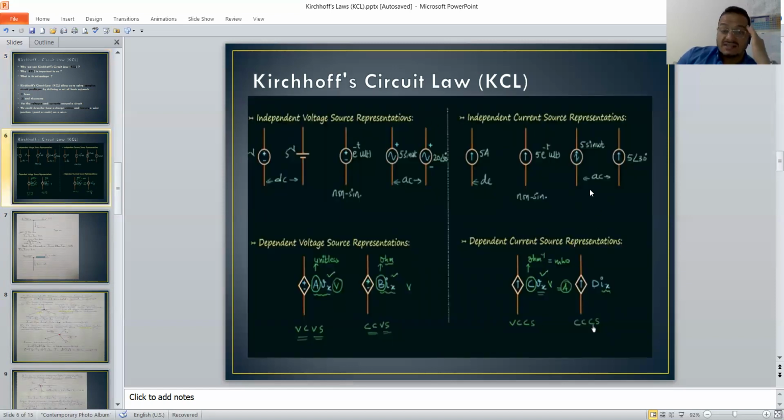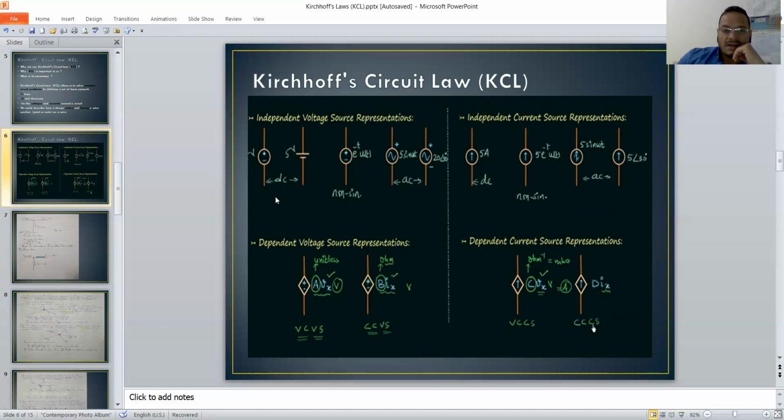I use this slide. Why? Because when we start to solve the examples in the next slide, we will be dealing with sources like that, which have the same figure. Because from these figures, we can determine whether a source is independent or dependent.